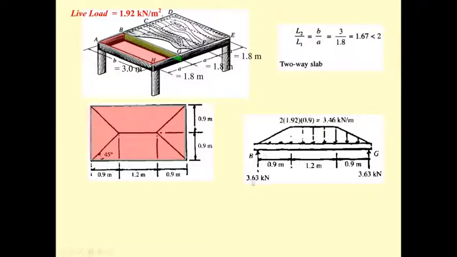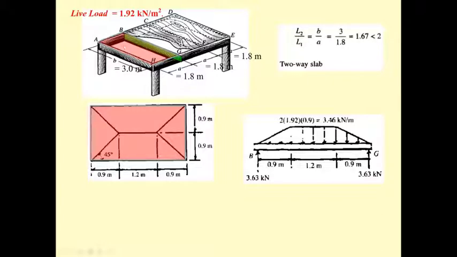The total is going to be 3.63 kilonewton, both at B and at G. Now B has the loading of 3.63, and since C has the same loading area as beam CF, which has the same loading area as beam BG, the reaction at C is going to be 3.63.